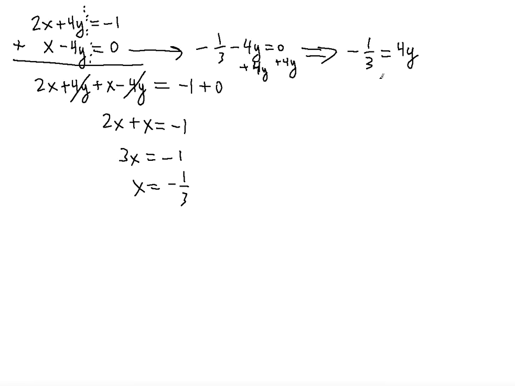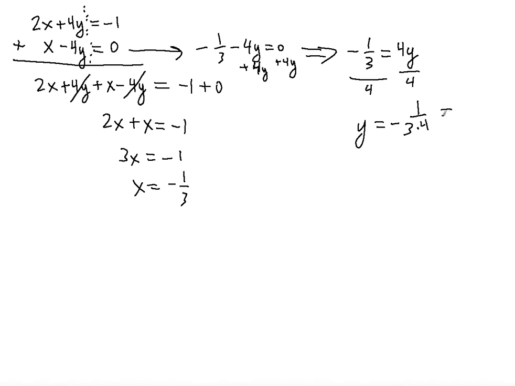Dividing both sides by 4, y is equal to negative 1 over 3 times 4. If you're dividing a fraction by a number, the number multiplies the fraction's denominator, so in this case 3 and 4 multiply.